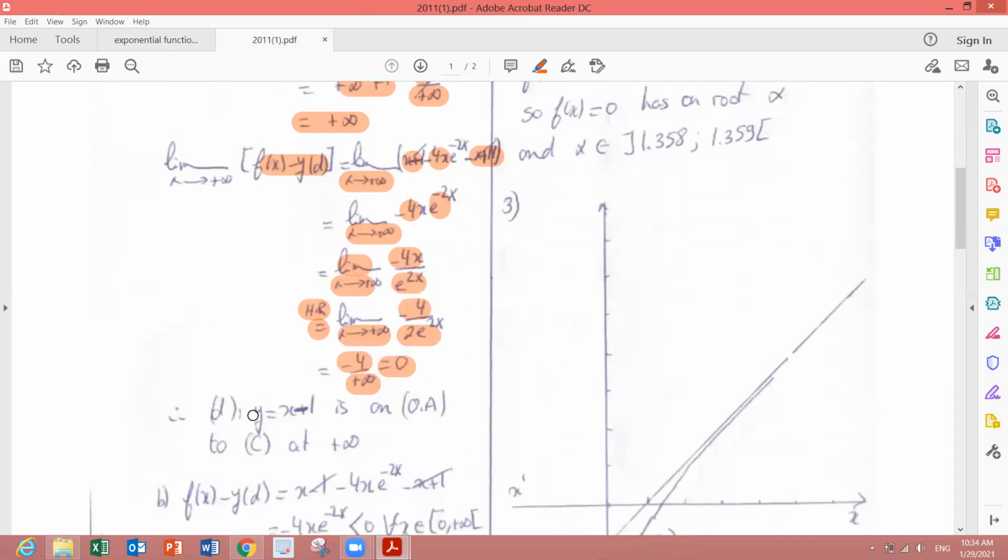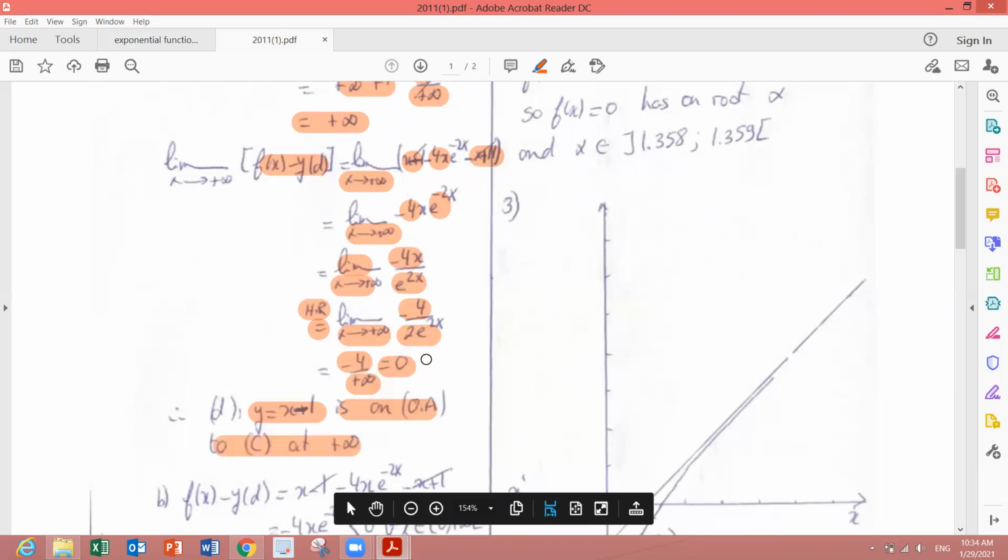So therefore, we say the line D of equation y equal x minus 1 is an oblique asymptote to C at plus infinity. Any questions? No.